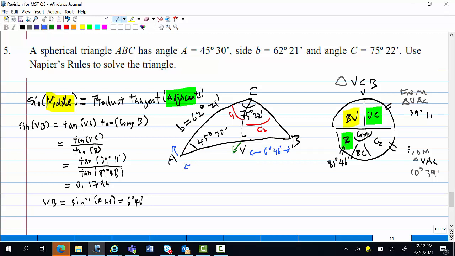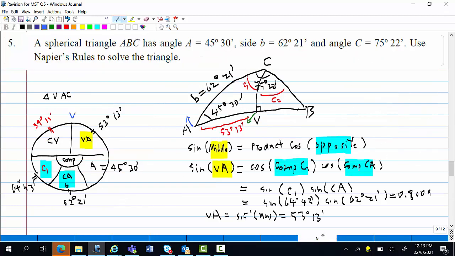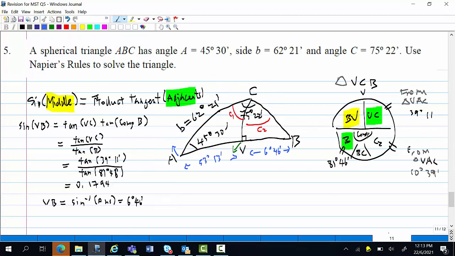And VA we found out earlier is 53 degrees 30 minutes. Okay, just recall that we have 53 degrees 30 minutes here. So now we know what AB is. AB is side C now, which is the sum of these two lengths.